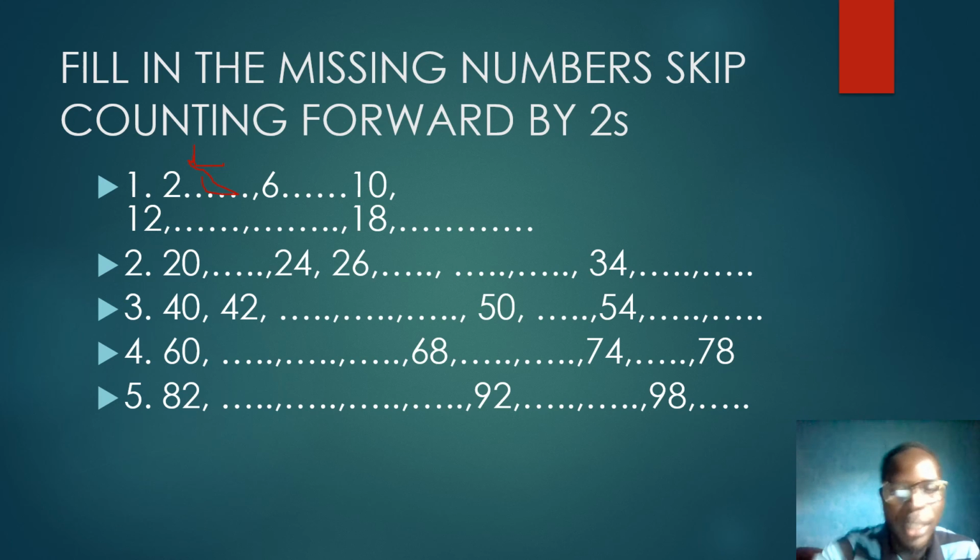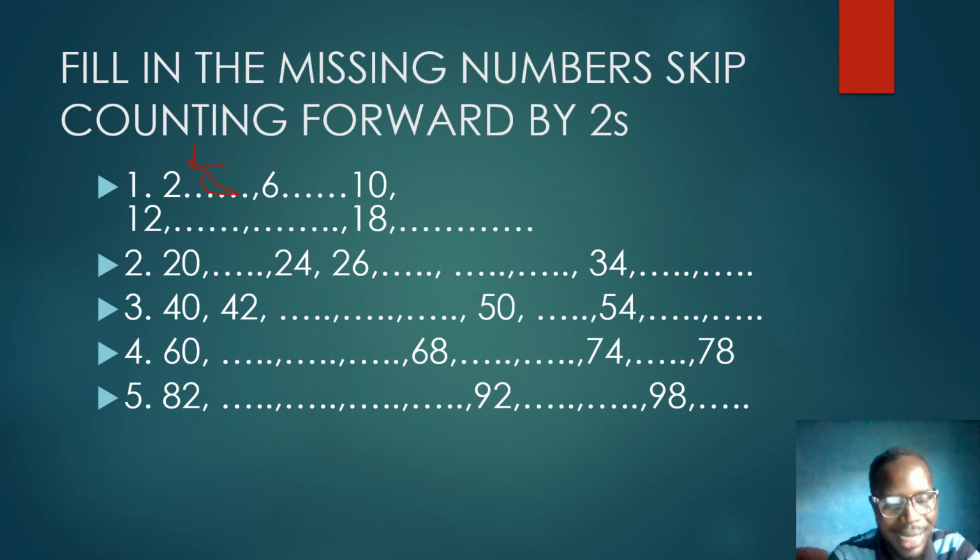Skip count forward. Then we are given the number that you have to skip count by. If it's 2, then you keep on adding up the number that you have been given. For instance, you have the 2 here, it says skip count by 2. So I'll add 2 to the 2. I'll get 4. Now I have the 4. I'll add another 2 to it.